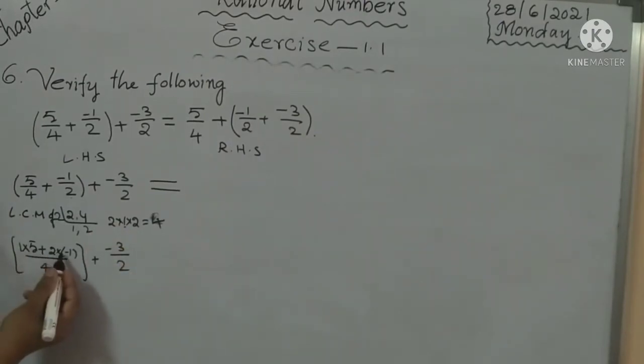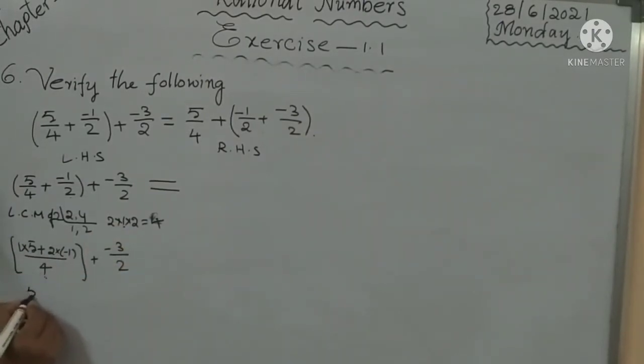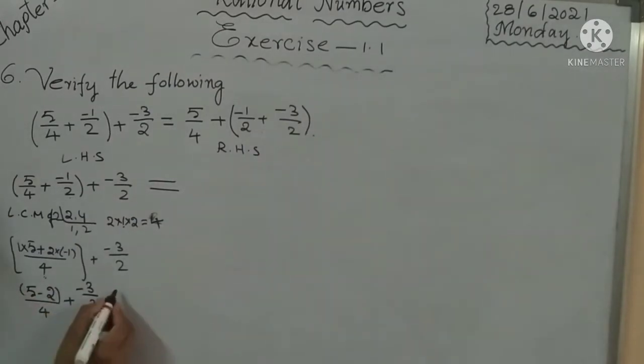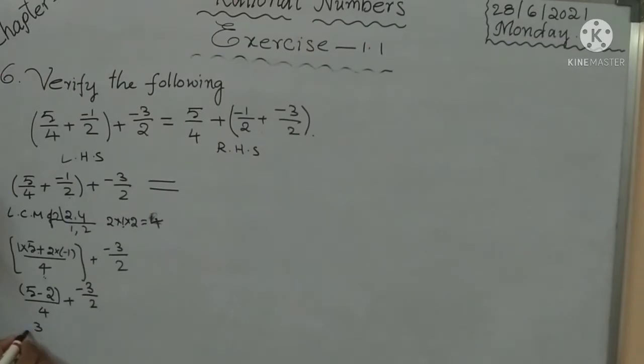So here 5 plus 5 ones 5 plus into minus, minus 2 into 1, 2 by 4 plus minus 3 by 2. Okay, here understand? 5 minus 2, 3 by 4 plus minus 3 by 2.